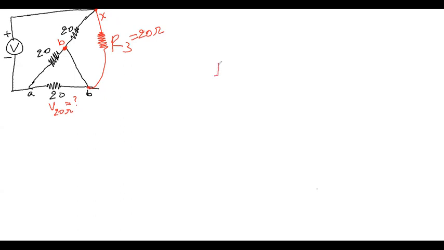So you have the 20 ohm resistor and another 20 ohm resistor. These two are in parallel. And again, the 20 and R3 are also in parallel.